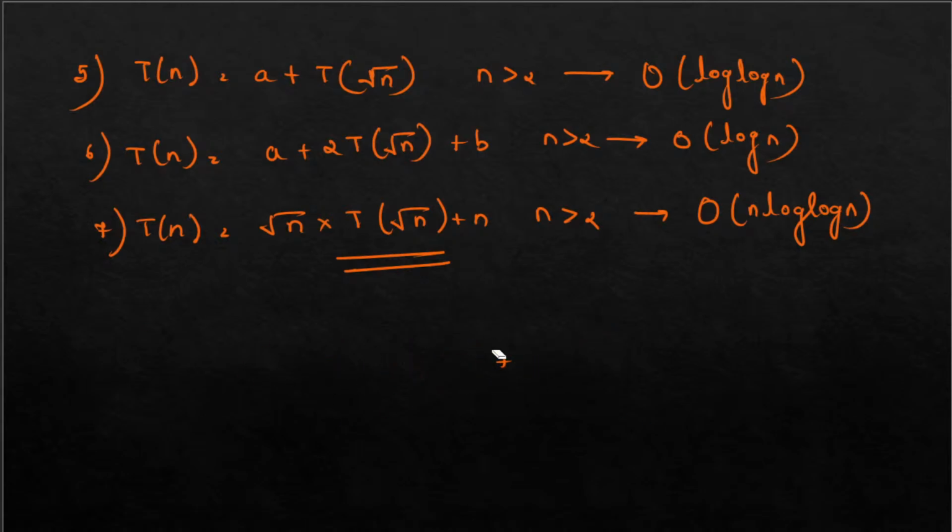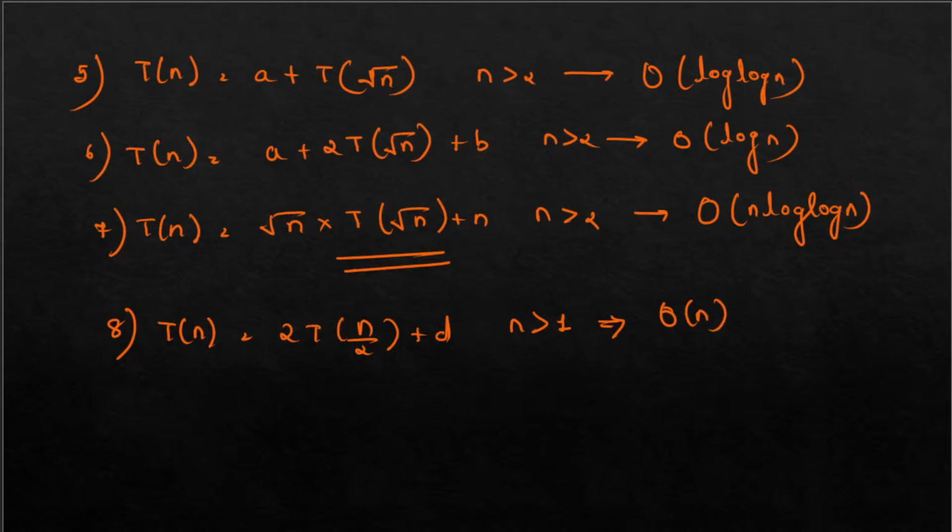So sometimes this is also very important to remember. After that, eighth is 2T of n by 2 plus d, and this d is nothing but a constant, where n is greater than 1. So this is big O of n.